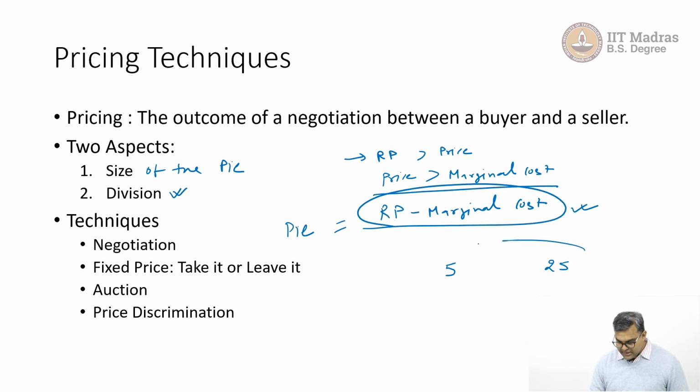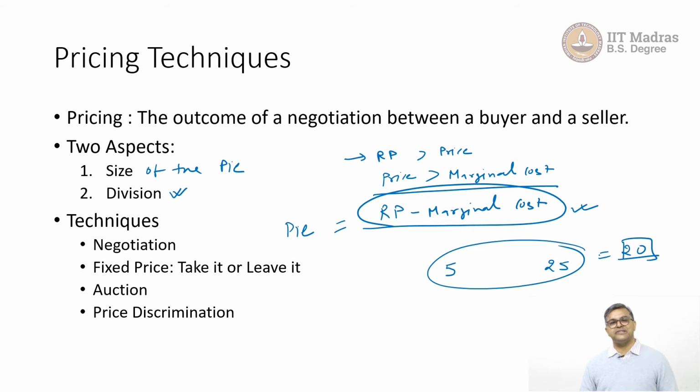So if you two come together and a transaction takes place, then this surplus of 20 rupees is generated, that is the total surplus.